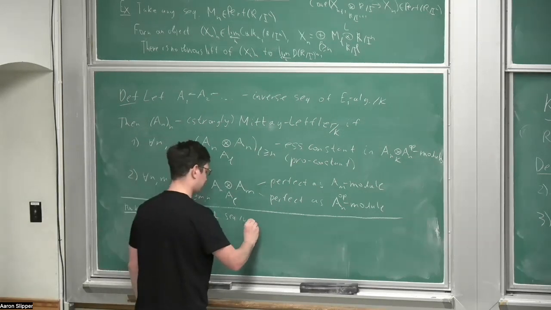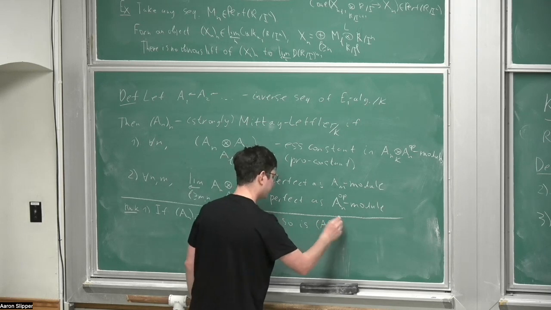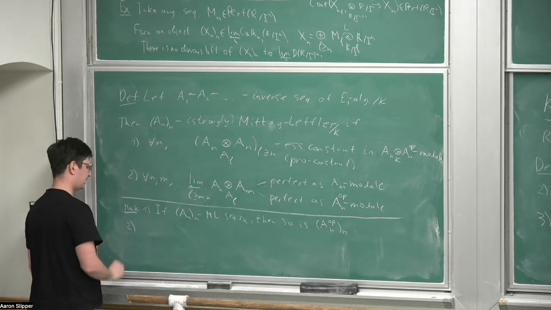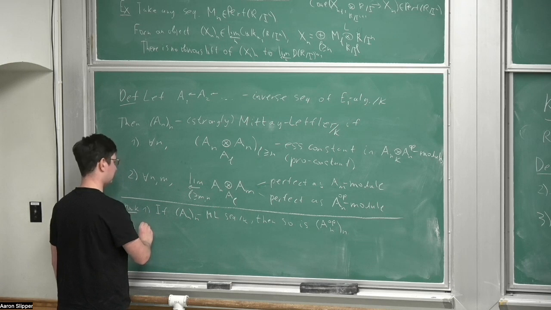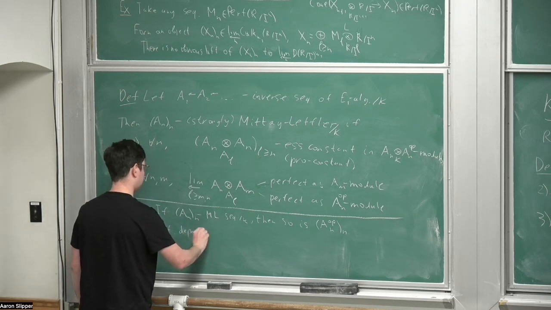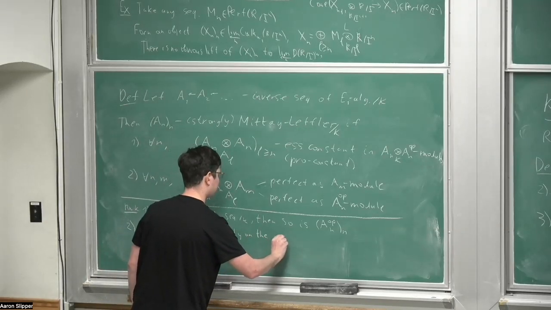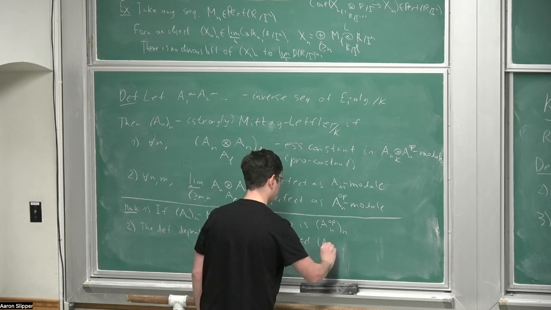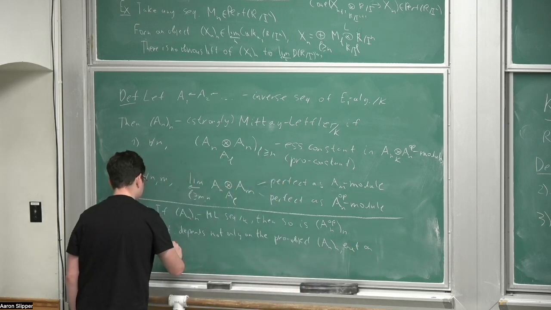Second, there is an annoying detail: the definition depends not only on the pro object given by the sequence, but on a particular choice of approximation, so it depends on a particular sequence.